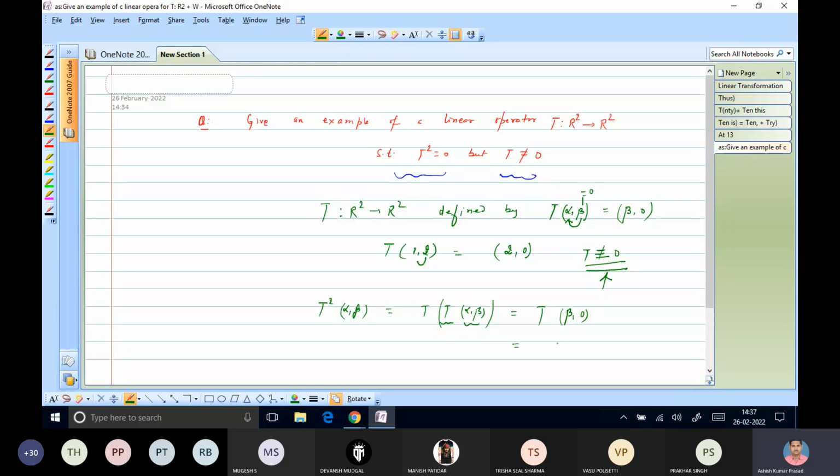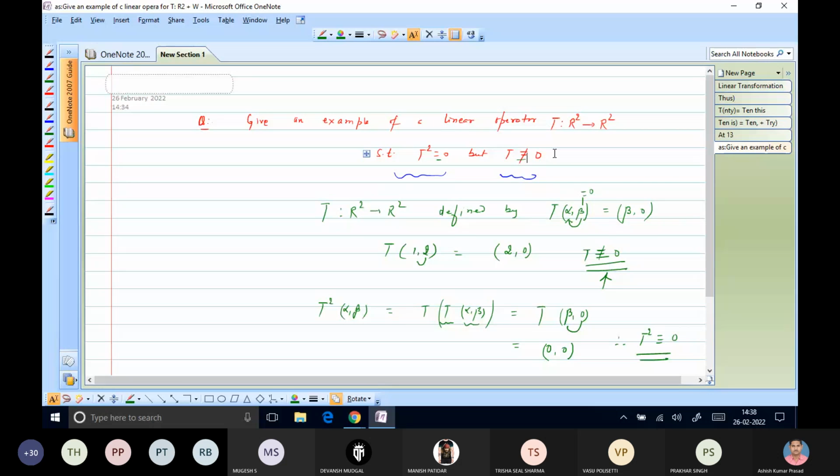And again, if you operate T, then this 0 will come in the first position, second coordinate 0. Therefore, T square is equivalent to 0. If you use word equivalent, it will sound better. Am I right? Is this clear to all of you?